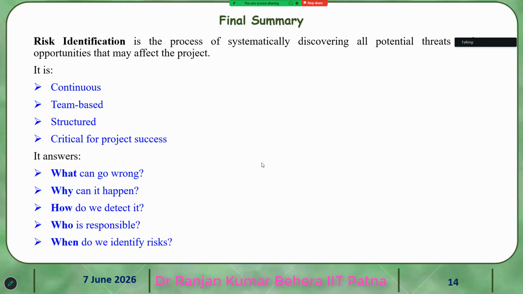Now, the risk identification process is continuous, team based, and also structured, and critical for project success. This risk identification tells you what can go wrong in a very complex project.